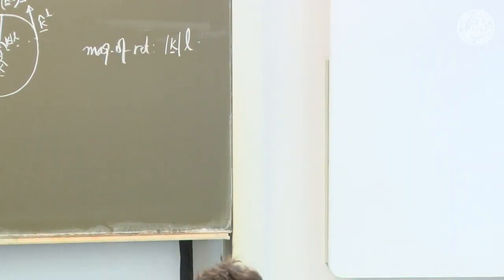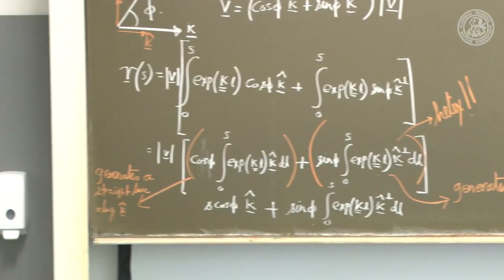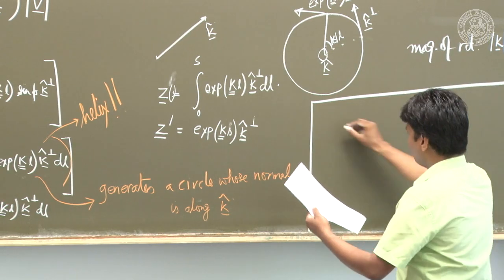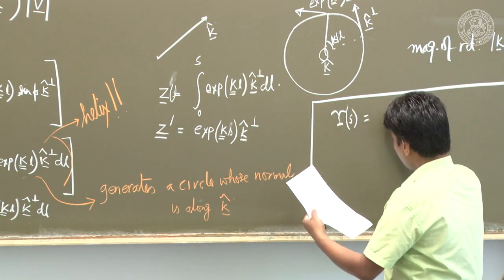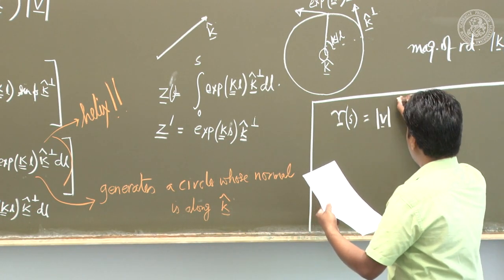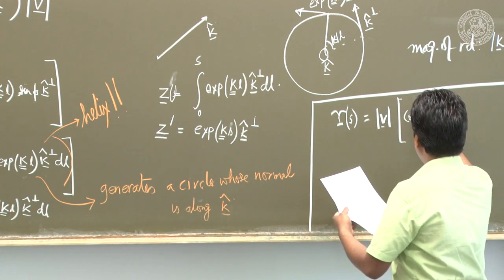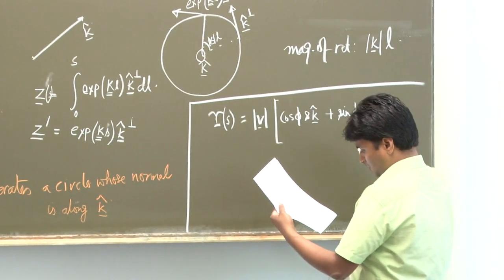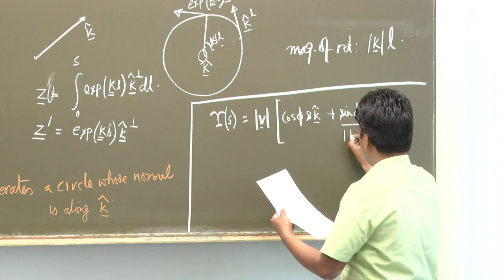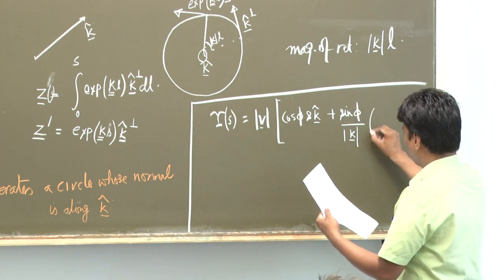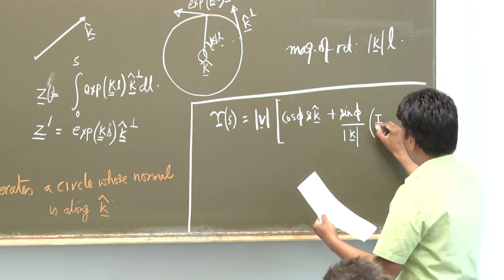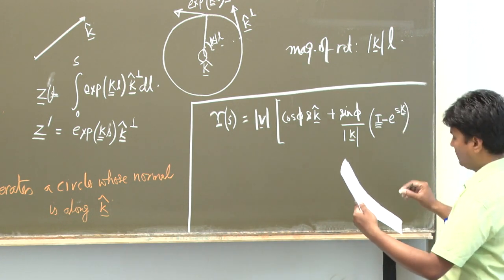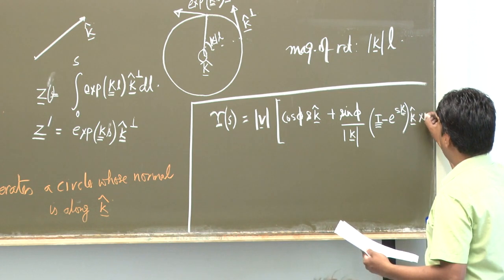Okay. So, you can actually integrate this, and then the formula that you get, I am just going to write here: little r of s is equal to magnitude of v times cosine of phi s k hat plus sine of phi over magnitude of k into identity minus e to the power s k of k hat cross k hat perp.